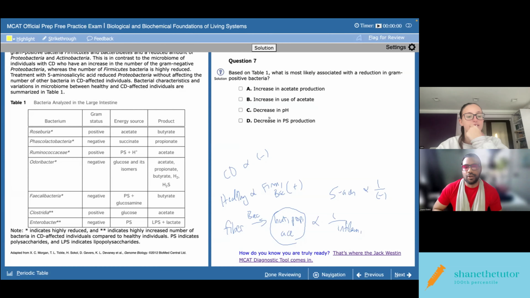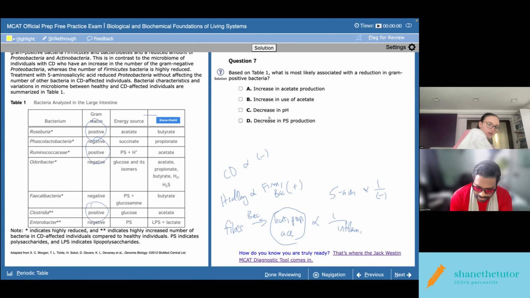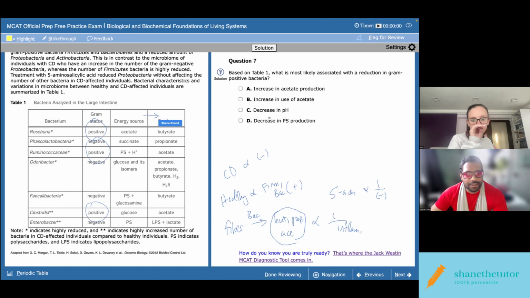So if we want to look for something that causes a reduction in gram positive bacteria, what we have here is basically energy source turning into product. The first one is acetate turning into butyrate, which doesn't really help us.